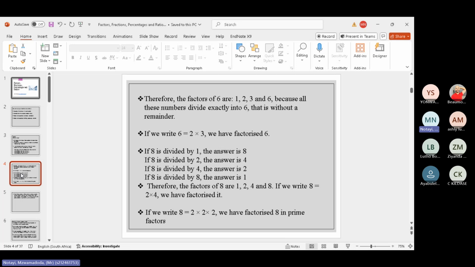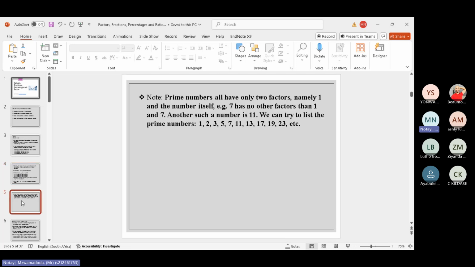If we write 8 is equal to 2 multiplied by 2 multiplied by 2, that is 2 multiplied by itself 3 times, we have factorized 8 in prime factors. So we have written 8 in its prime factors. Prime numbers all have only 2 factors, namely 1 and the number itself, e.g. 7 has no other factors than 1 and 7.